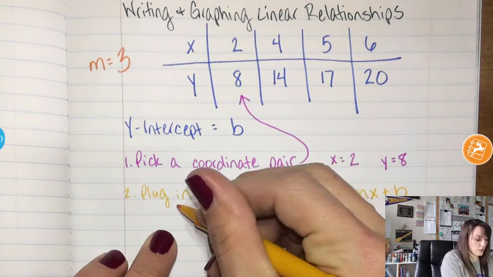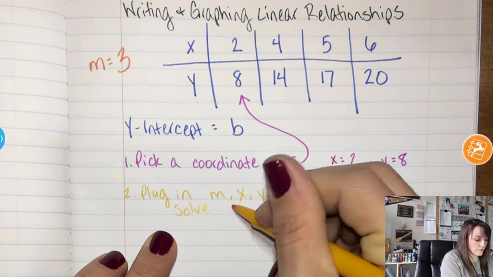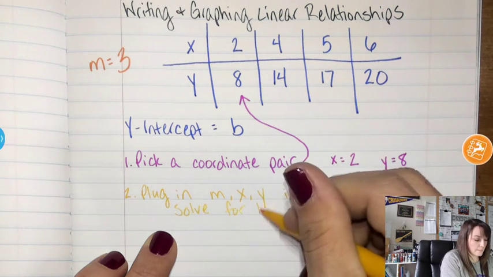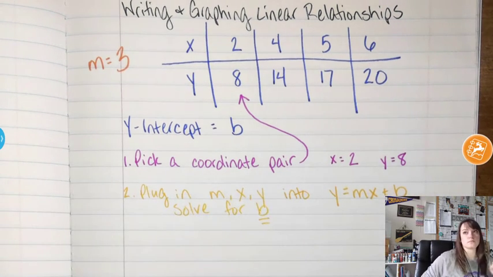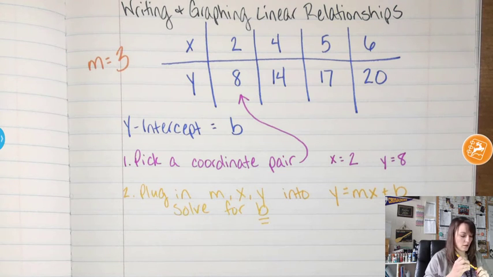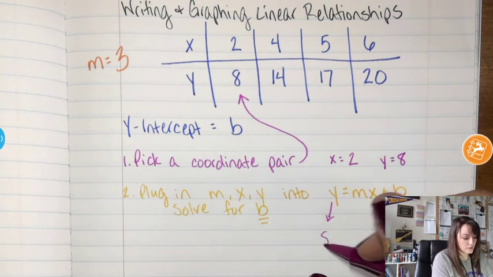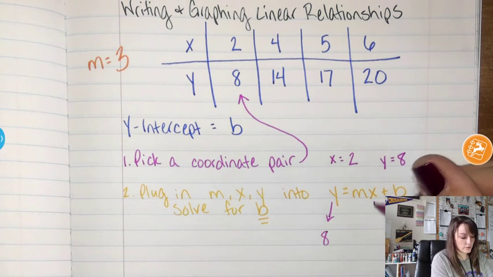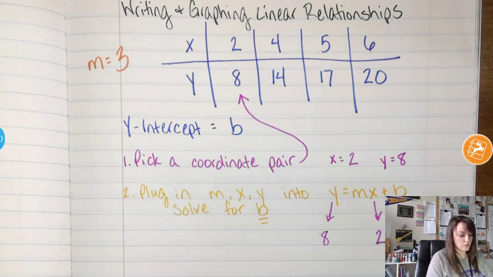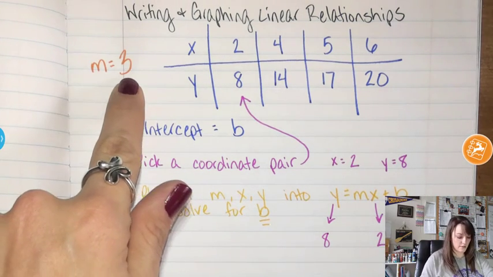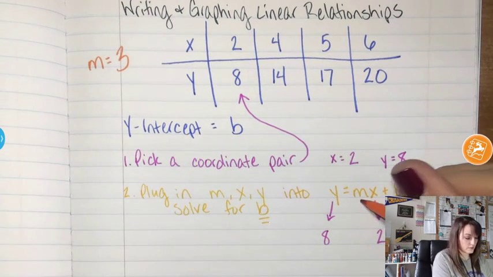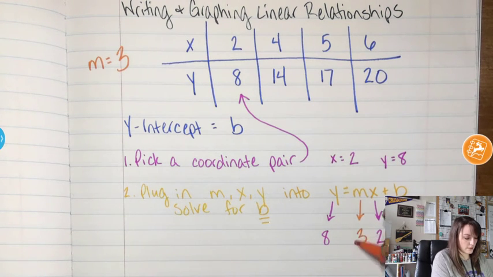And I'm going to solve for b. So I know that y is 8, so this is going to be 8. X is 2. And m is 3. We did that yesterday. M is 3.